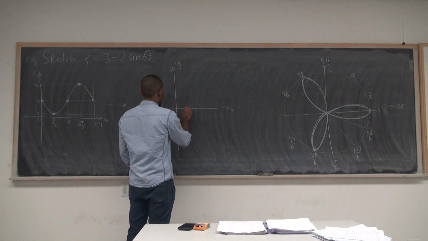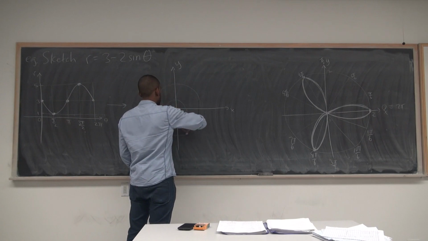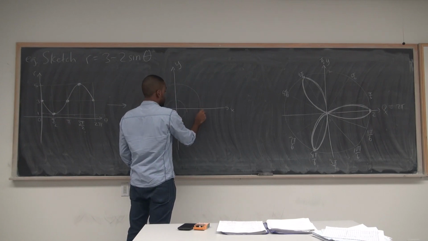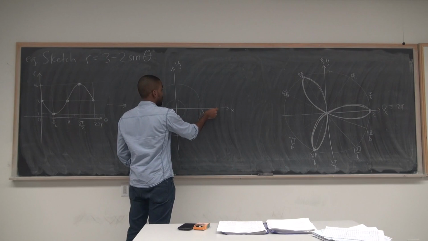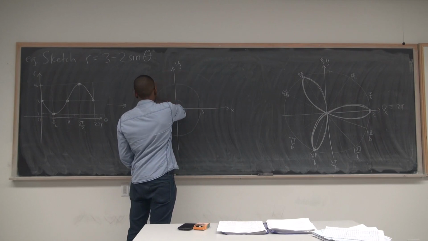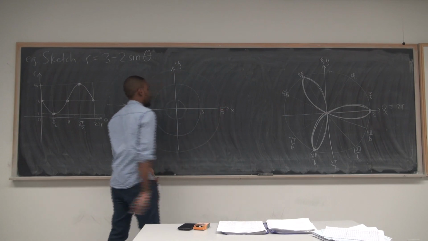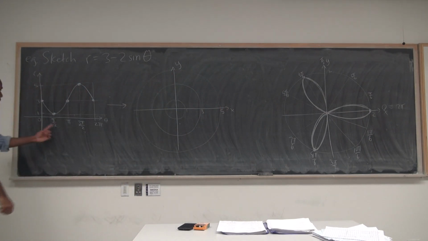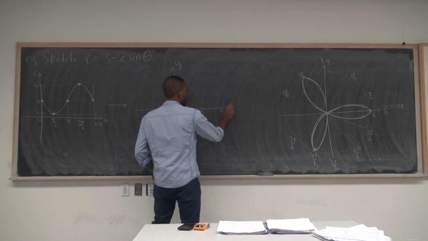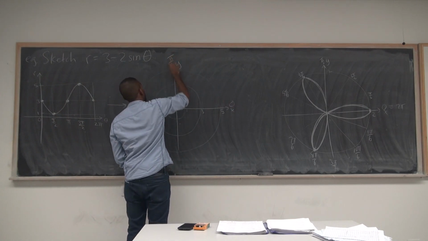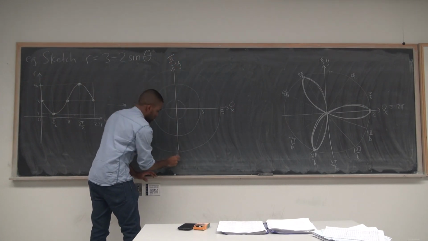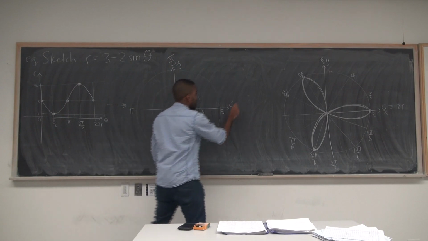So there's a radius 1, there's a radius 3, sorry, and then there's a radius 5. I only have the normal angles, so there's 0, there's pi over 2, there's pi, there's 3 pi over 2, and there's 2 pi.